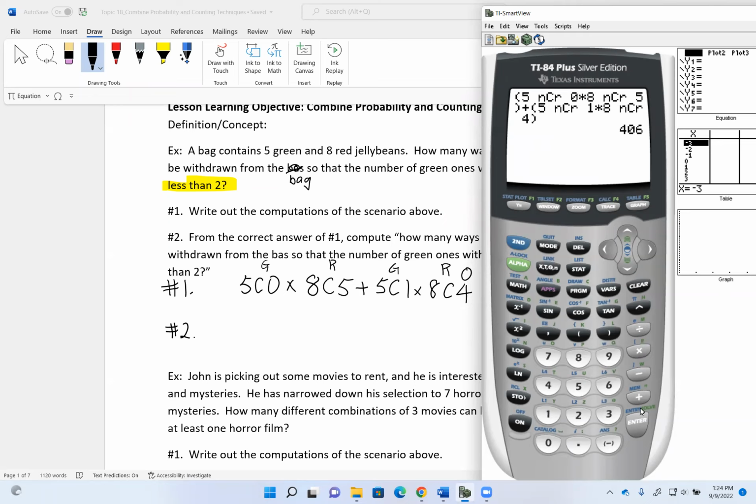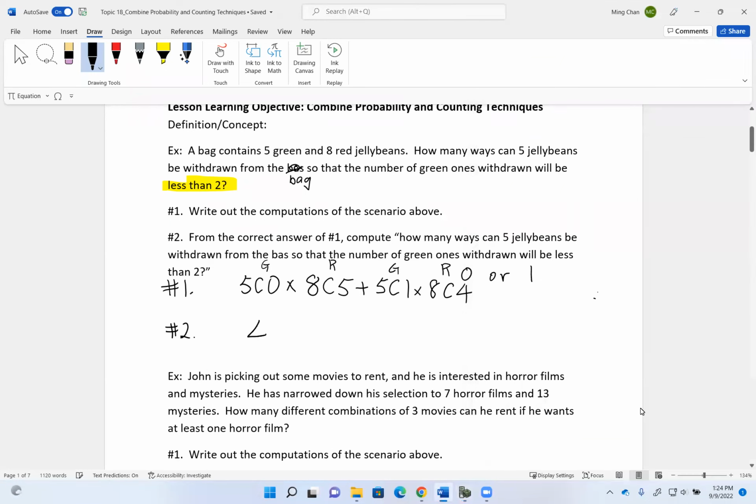That will give me 406 ways to draw less than 2 green ones.